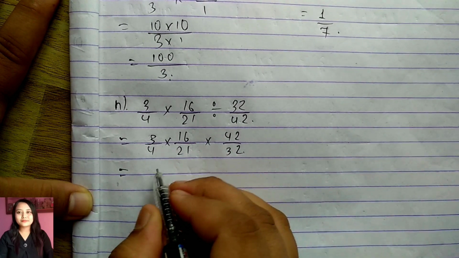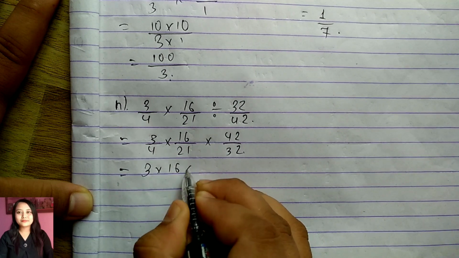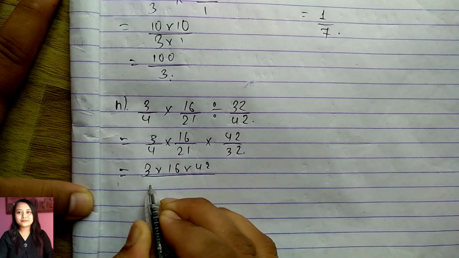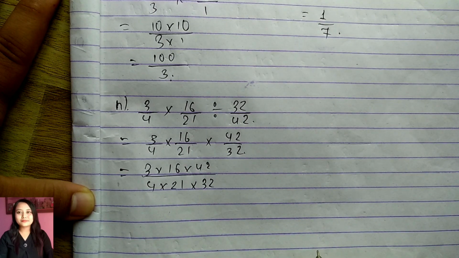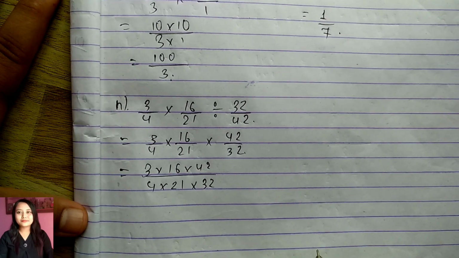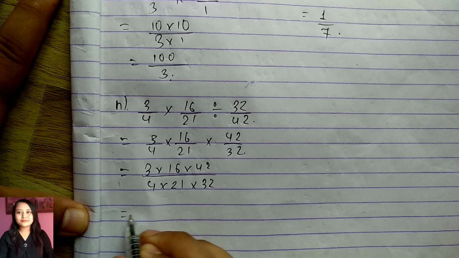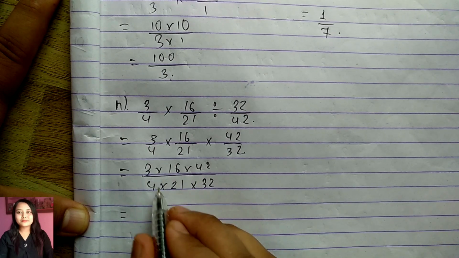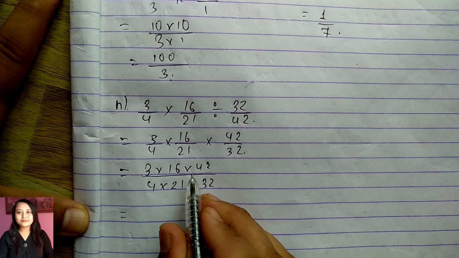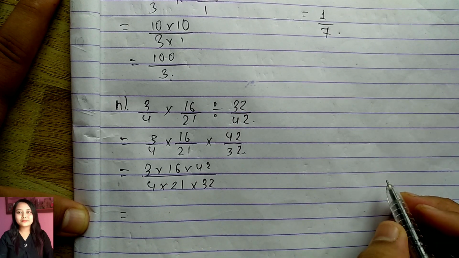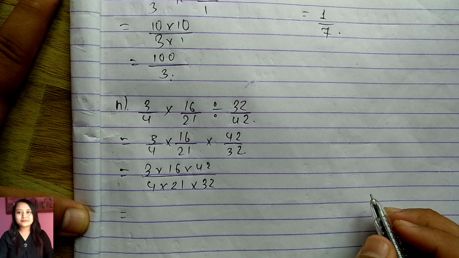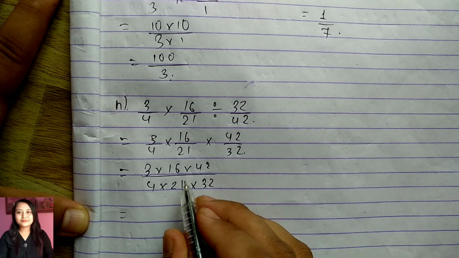You will simply multiply 3 into 16 into 42 upon 4 into 21 into 32. Since it's a bit hard for you to multiply this 16 and 32, you can use the factorization method and simply write the factors here.